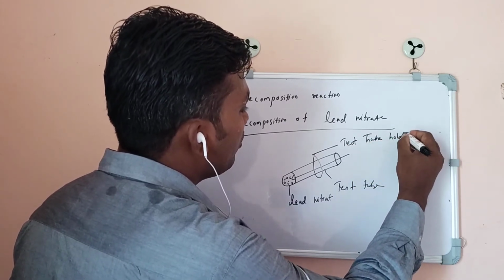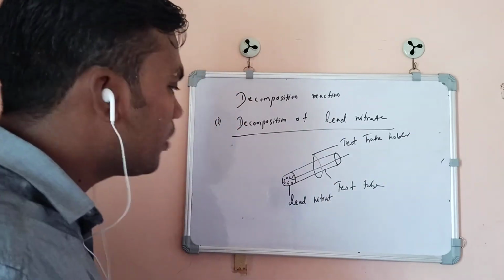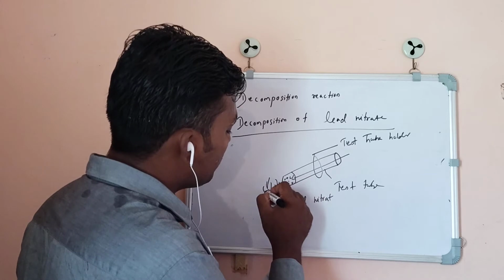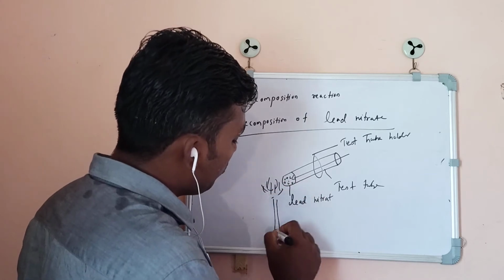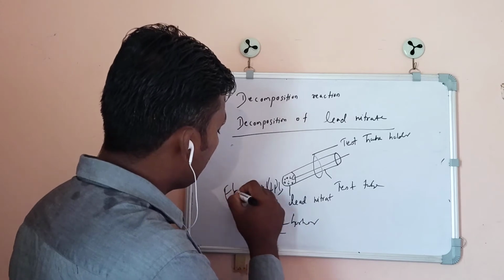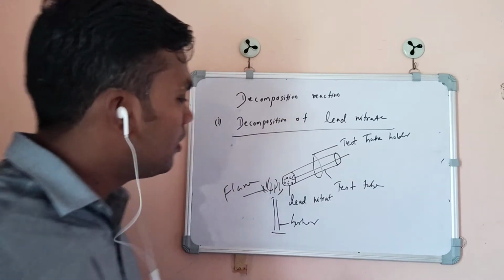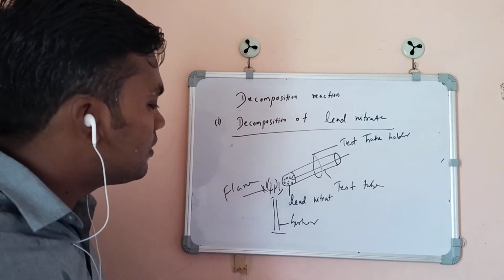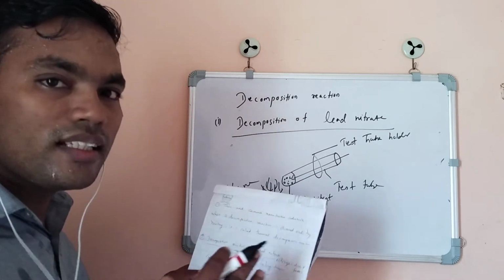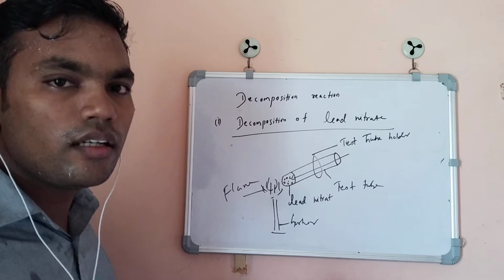Then you can place this test tube over the flame. This one is the burner, and this one is the flame. When you heat this test tube containing lead nitrate, you can see changes in the test tube.